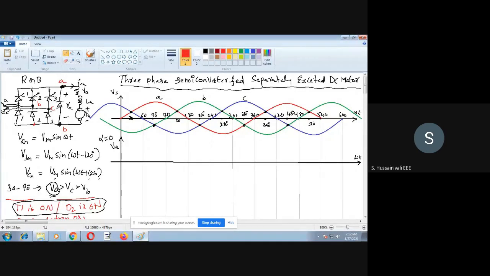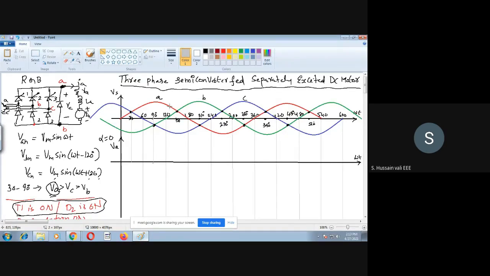So between 30 to 90, I will draw 30 to 90 exactly here. So this is 30, whereas this is 90.